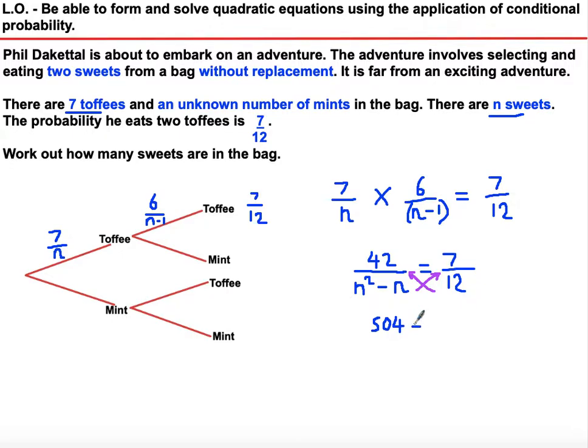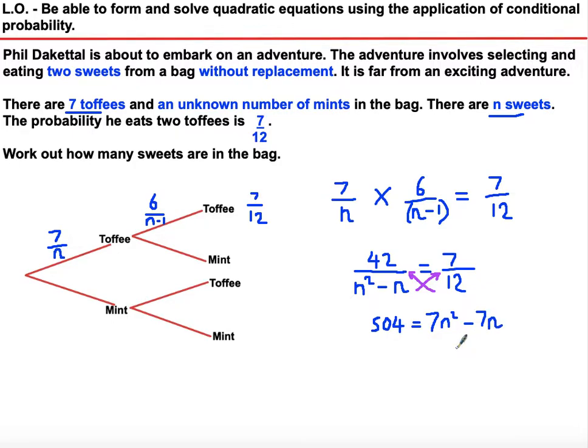Now, 7 times n squared would give you 7n squared. I could put a bracket around this to times it by 7, but n squared multiplied by 7 is 7n squared, and minus n multiplied by 7 is minus 7n.